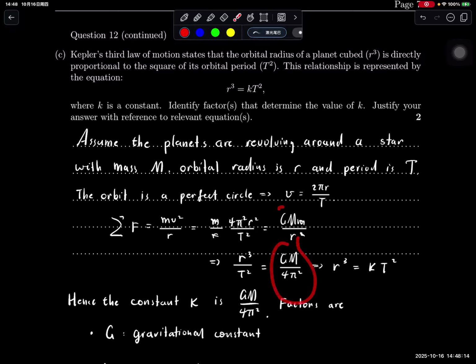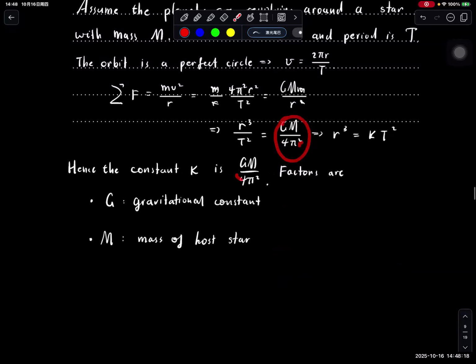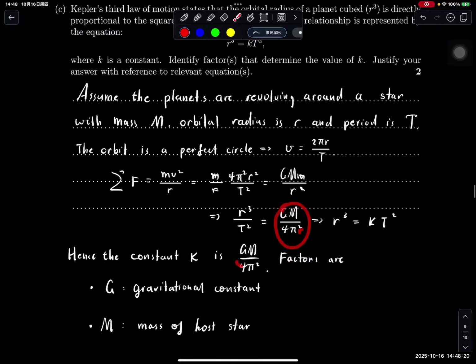So you basically calculate that and get the answer. It's basically deriving this equation from your centripetal force and the definition of velocity for a uniform circular orbit. And you get this, okay? So yeah.